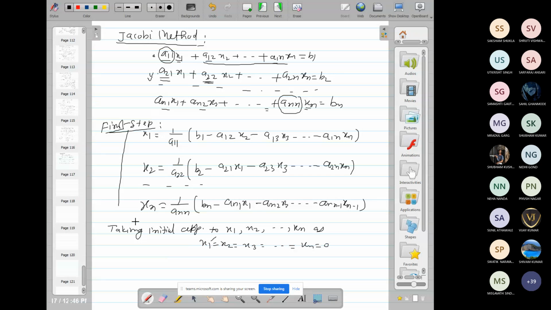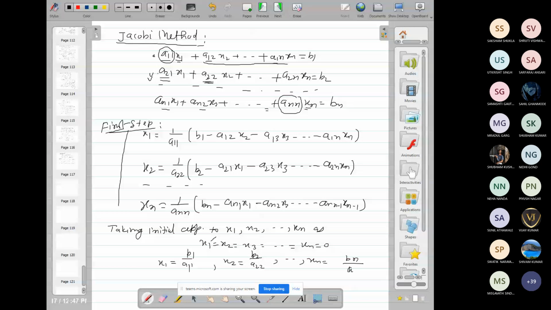So then from these equations we obtain x1 is equal to b1 upon a11, and x2 is b2 upon a22, and similarly xn is equal to bn upon ann. So we obtain this.